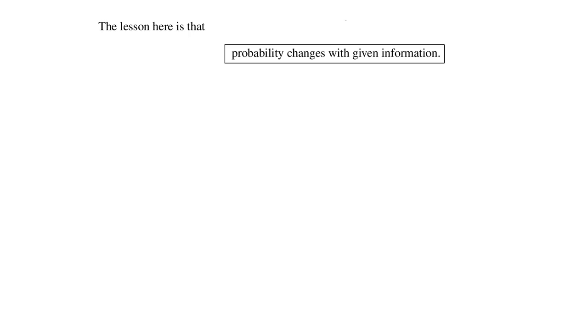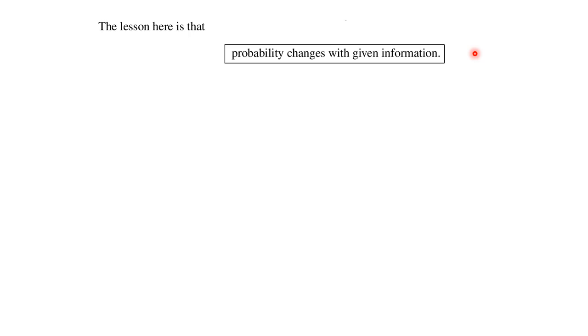There's a serious lesson in all of this, that probability changes with the given information. Initially, when there were 3 boxes, choose a box, the probability of winning is 1/3. Then the presenter gave some information. He revealed that one of the boxes was empty, and that changes things.